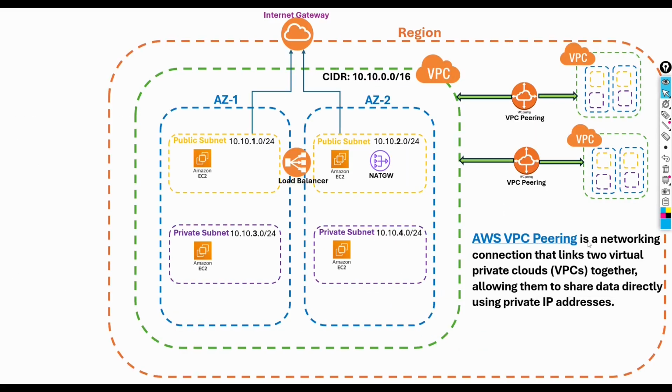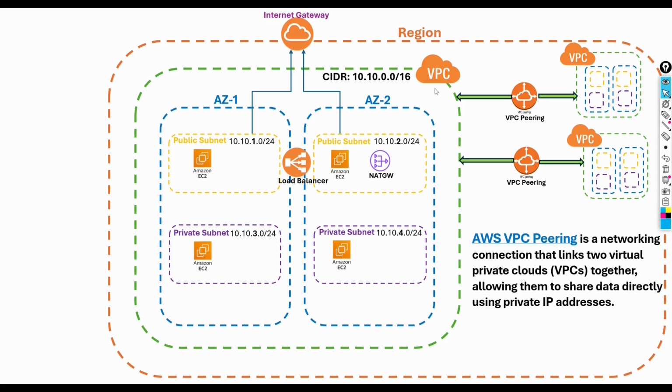AWS VPC peering. So AWS VPC peering is a networking connection that links two virtual private clouds together, allowing them to share data directly using private IP addresses. If you see here, I have added a couple more VPCs. As I said, one region can have multiple VPCs.